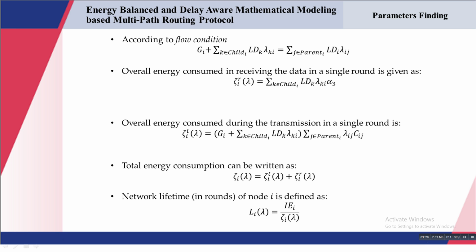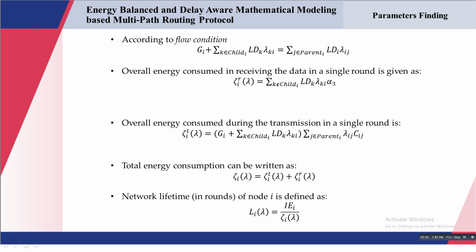Now the energy consumption during receiving of the data in a single round is given by the second equation. What this equation says: zeta i is representing the energy consumption of the ith node in receiving the data over a given traffic distribution lambda.